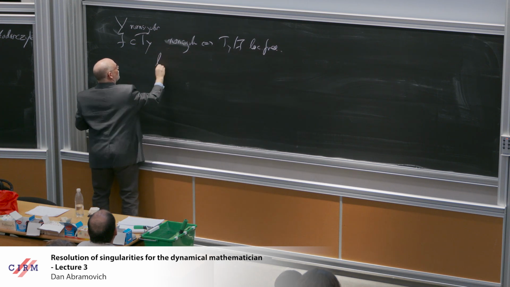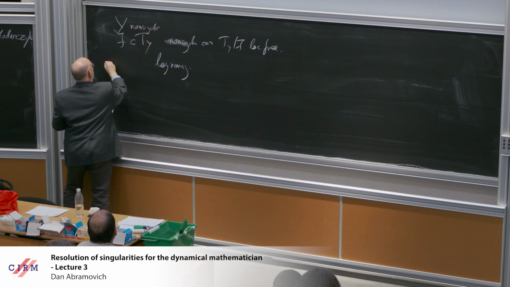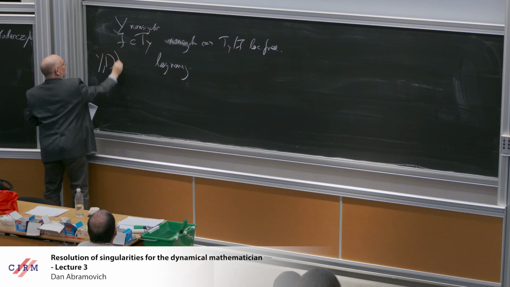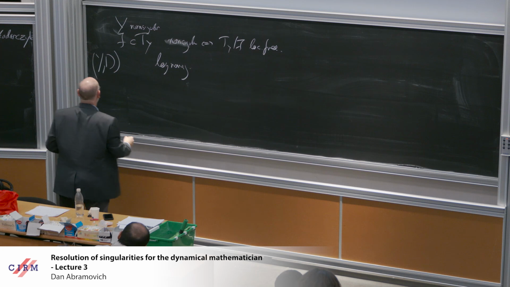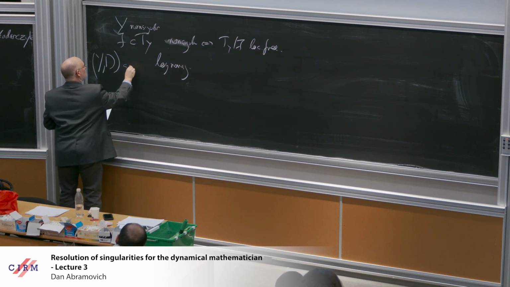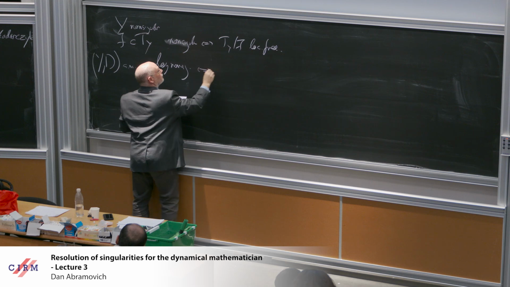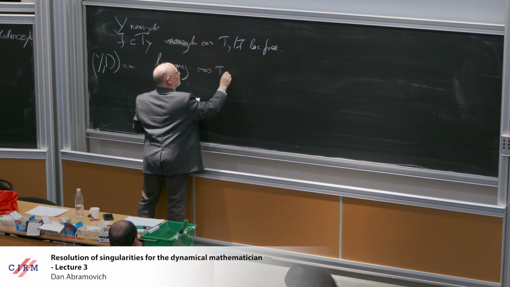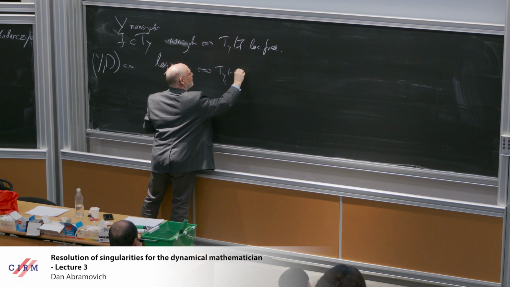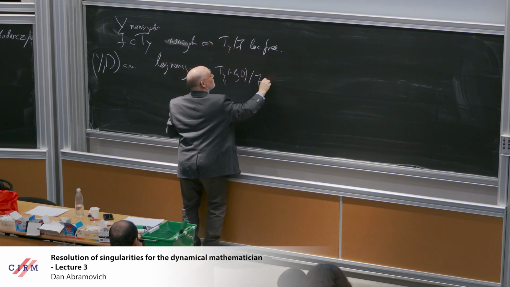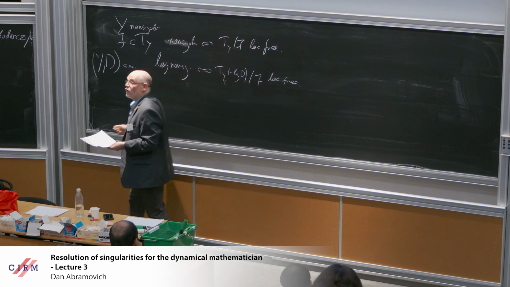And it is log non-singular. So now I have Y and D is a nice SNC pair. So the foliation is log non-singular if T_Y minus log D, mod F is locally free.